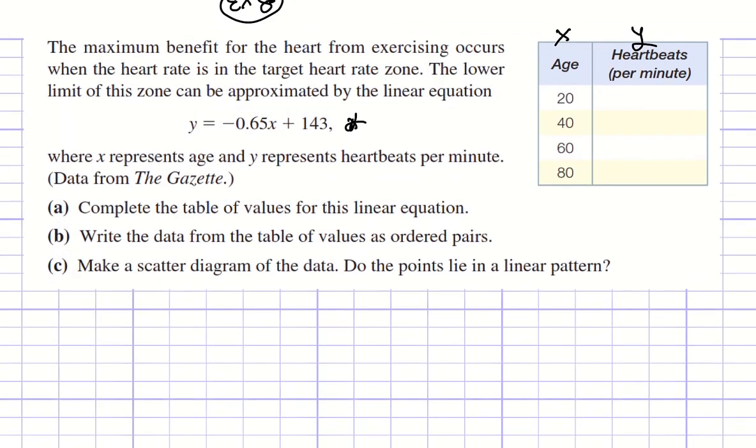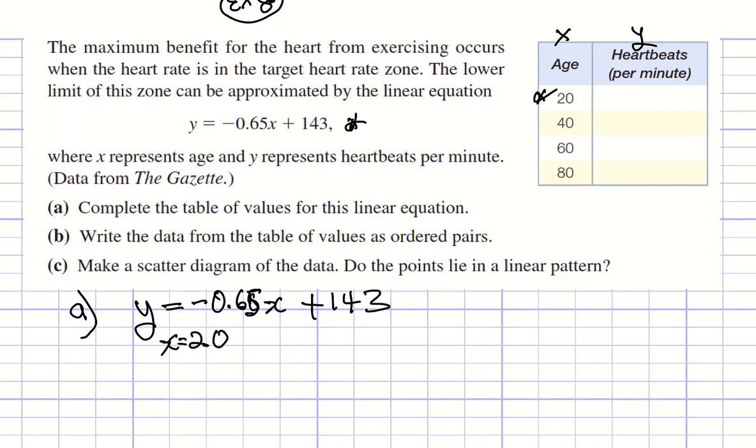So we can do that. y equals minus 0.65x plus 143. When x is equal to 20, as given here in the table, what is the value of y?